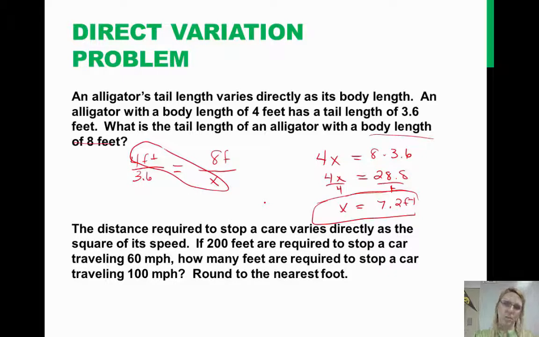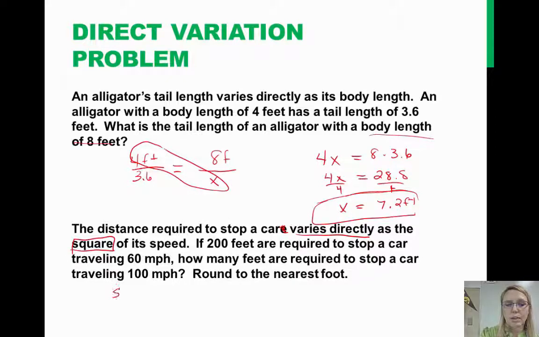Another example of this is the distance required to stop a car, and this should be car, not care, varies directly as the square of its speed. If 200 feet are required to stop a car traveling 60 miles per hour, how many feet are required to stop a car traveling 100 miles per hour? One very big clue on this particular one is that not only does it vary directly, but it varies directly with the square of its speed.